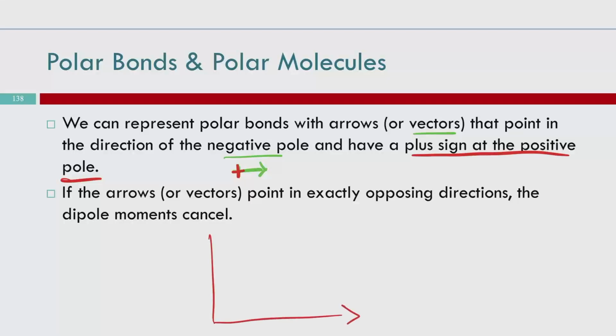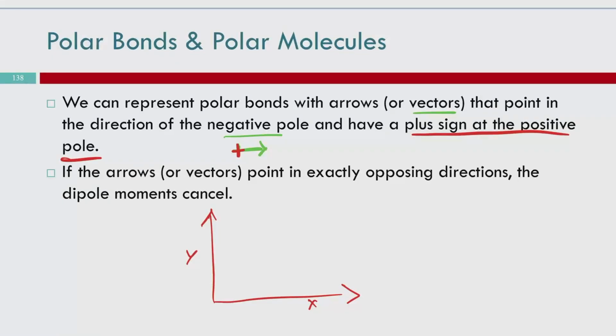If we plot this, there's our x, there's our y, and we've got an arrow that's pointing up and to the right. What we would do to make this into vectors is separate it out into x component and y component. So we've got the x force or vector, and the y force or vector.